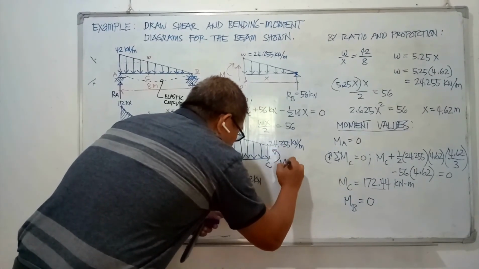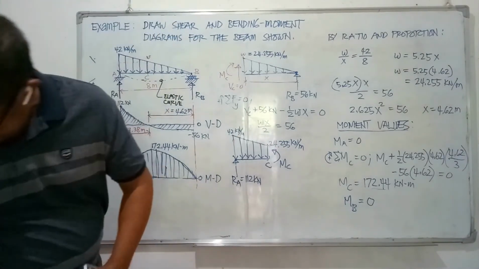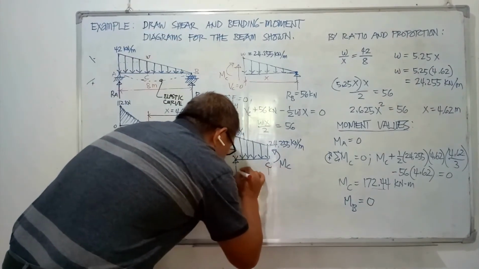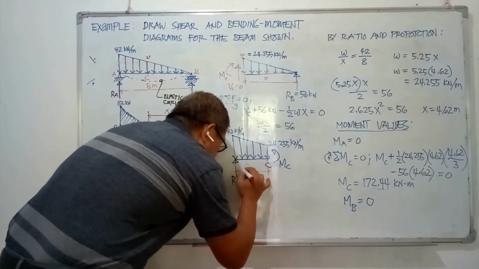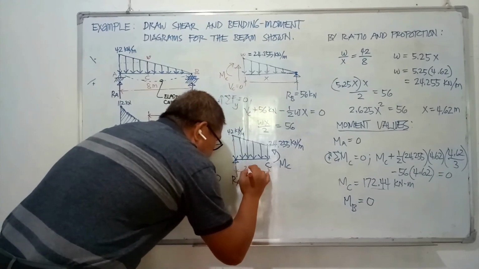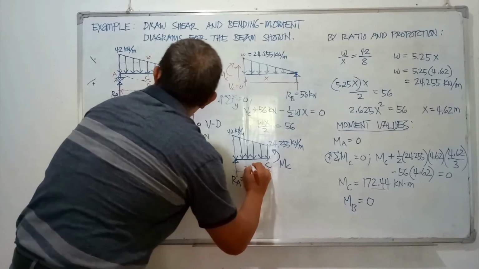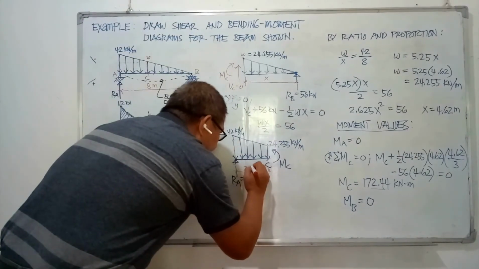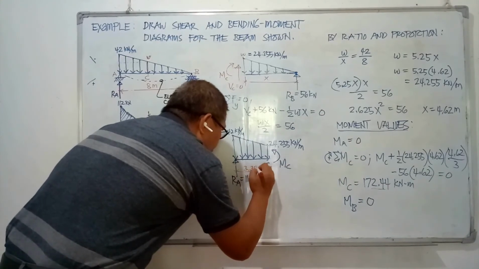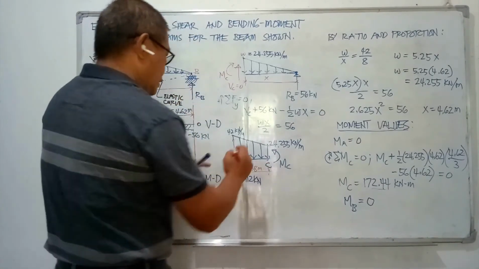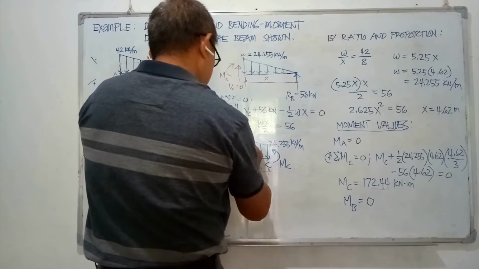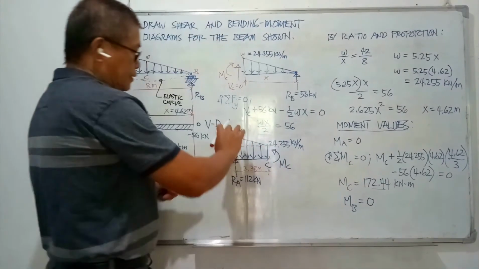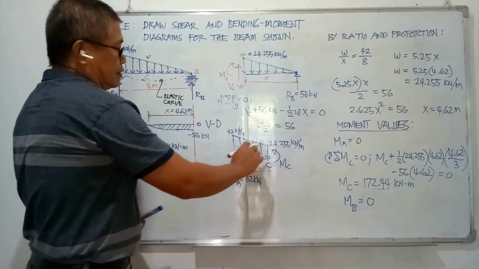So at point C, this will be our moment at C. The distance is 3.38. And then we have to divide this trapezoidal loading into triangular and rectangular.